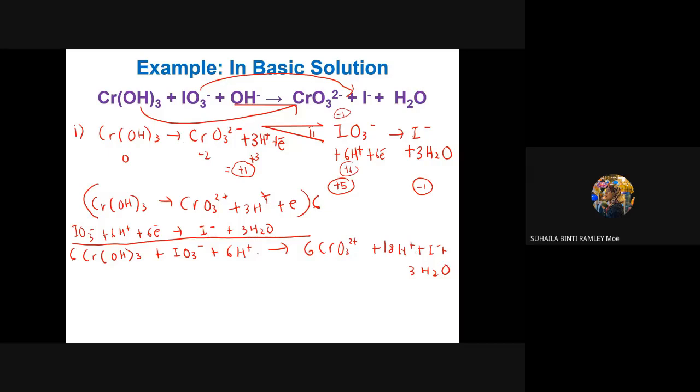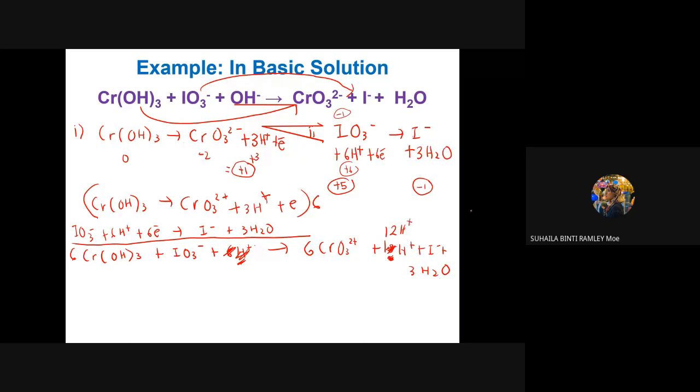On both sides we have H plus, so cancel first. 18 minus 6 is how much? 12, right? 12 H plus left here.